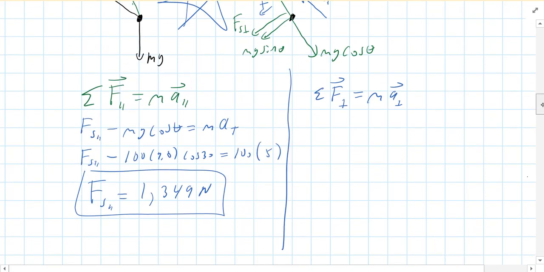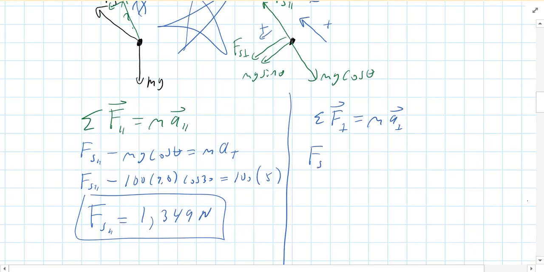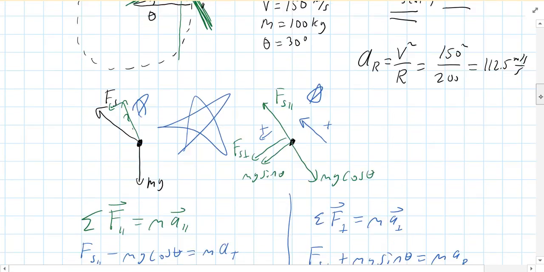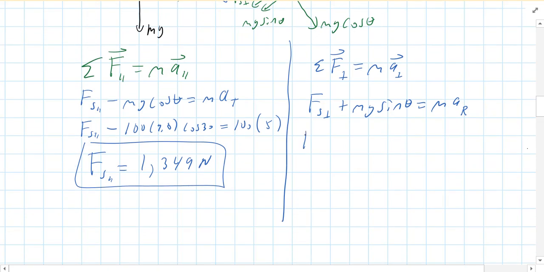So both those forces act inwards. So we got force seat perpendicular plus mg sine theta equals ma perpendicular. Okay. Oh, and a perpendicular, what is that? That's our radial acceleration, which we already calculated, right? That's our 112.5. Okay.